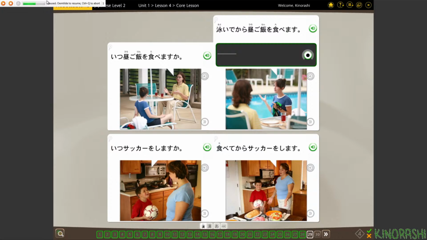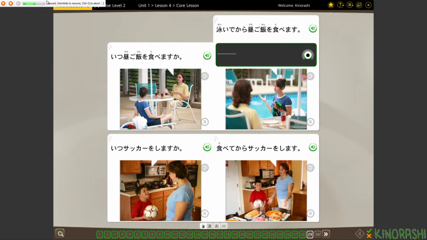Itsu hiru gohan wo tabemasu ka? When do you eat lunch? Yeah, that's what I thought it said.